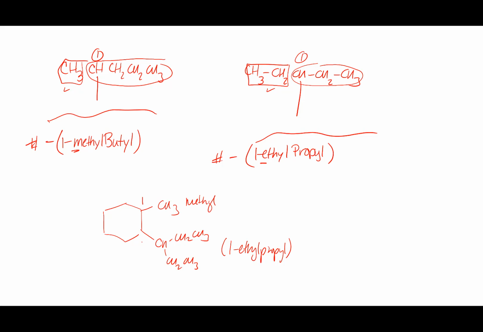That's either making this one number 1 and this one number 2, or this one number 1 and this one number 2, because they both add up to 3. But now to break the tie of where I start numbering, I have to use alphabetization. Which one of these two groups is alphabetized first? It will be the ethylpropyl. So this would be number 1, this would be number 2.